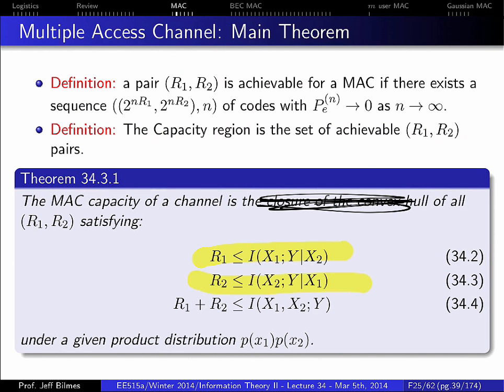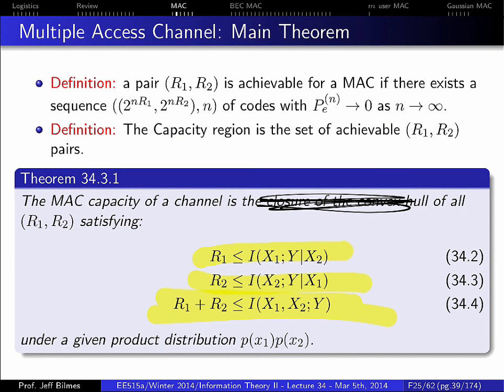R2 has to be less than or equal to the corresponding mutual information between x2 and y given x1. And then together, the sum of the rates can't exceed that third inequality. That third inequality makes sense because that's the bound we would get if x1 and x2 were allowed to communicate.